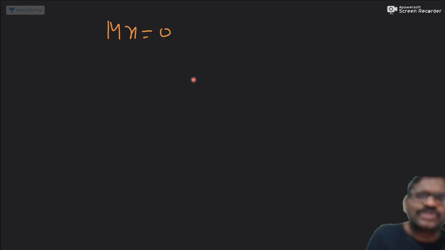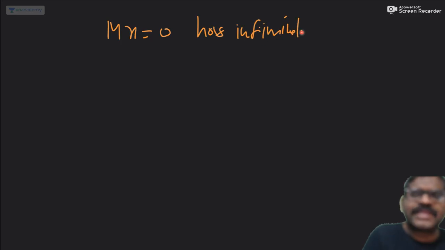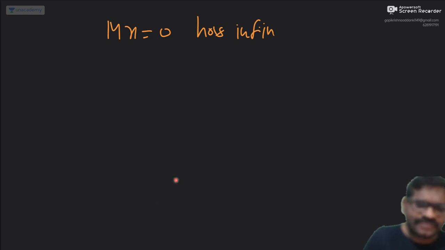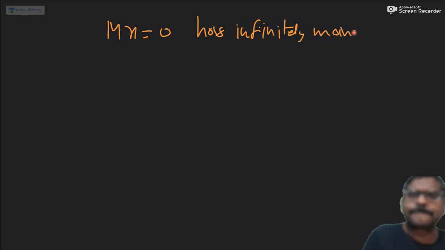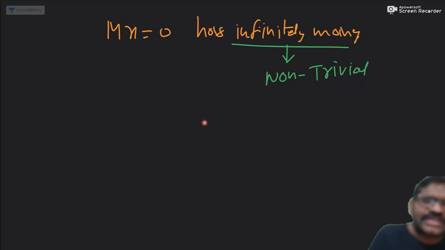Now it is a homogeneous system, Mx equal to 0 form, which has infinitely many solutions. Whenever you have infinitely many solutions, that is nothing but non-trivial. Non-trivial means determinant of M equal to 0.